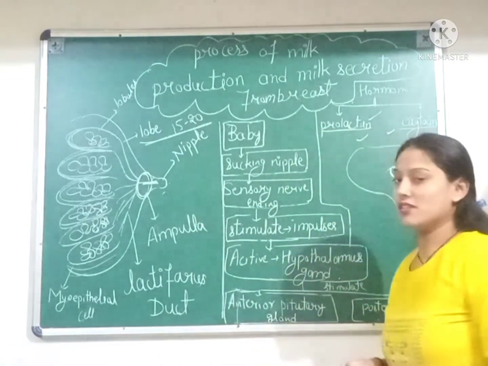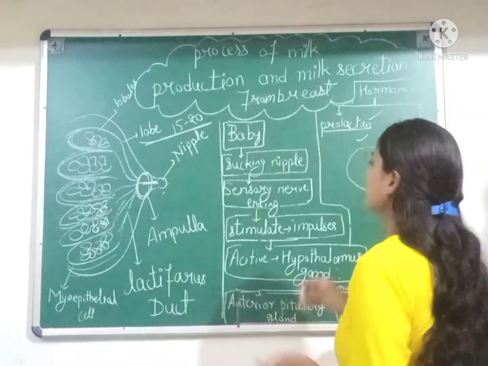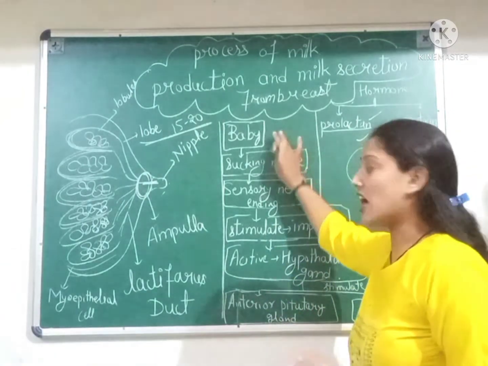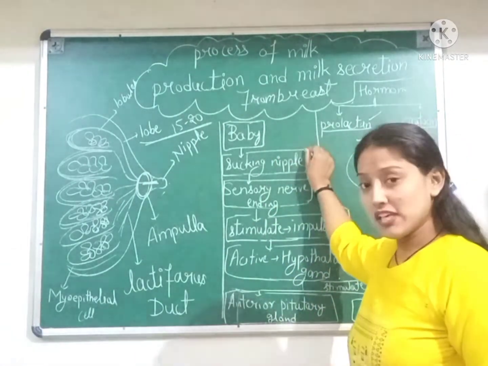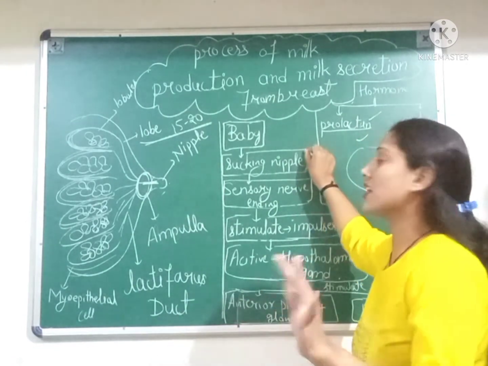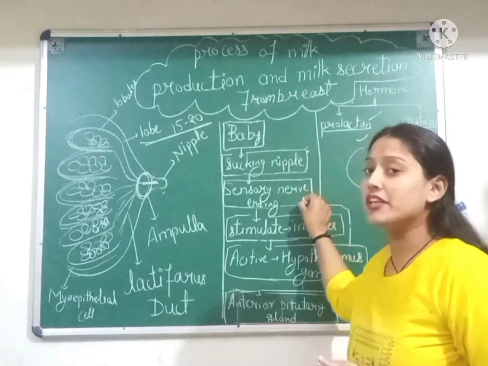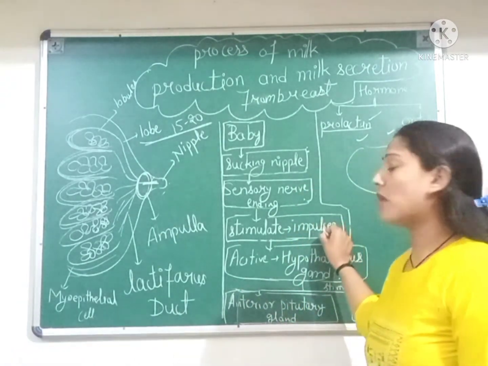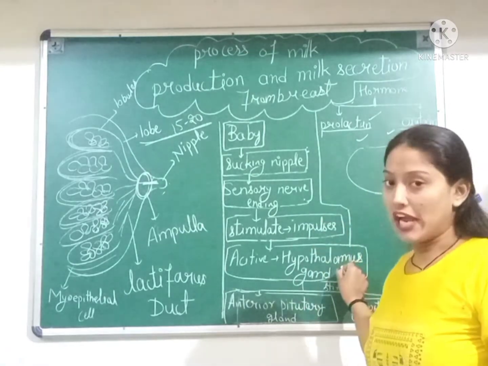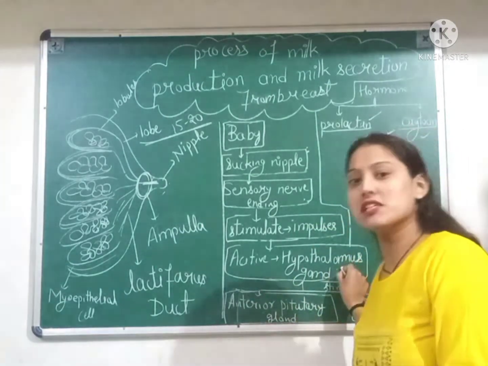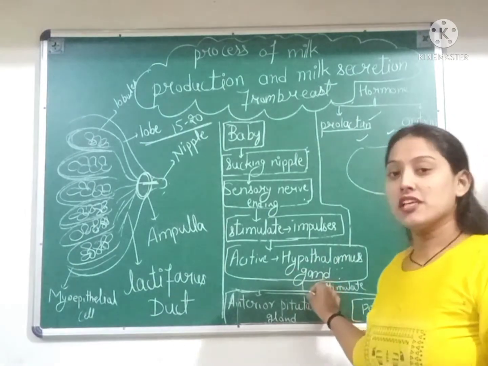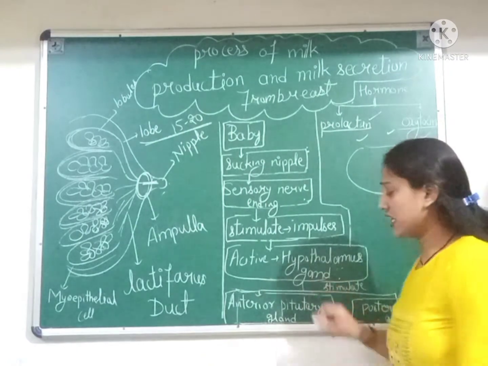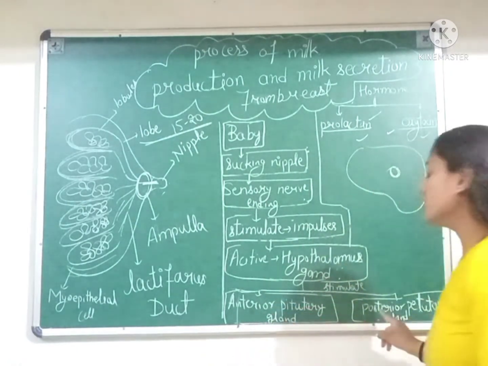So, just recalling the process, it is a very easy method. The baby starts sucking the nipple, and the sensory nerve endings stimulate impulses. By these impulses the hypothalamus becomes active, and it stimulates the two parts of the pituitary gland, the anterior and the posterior.